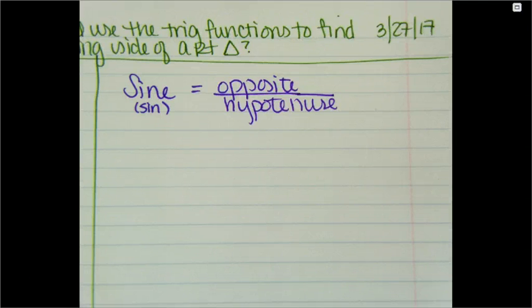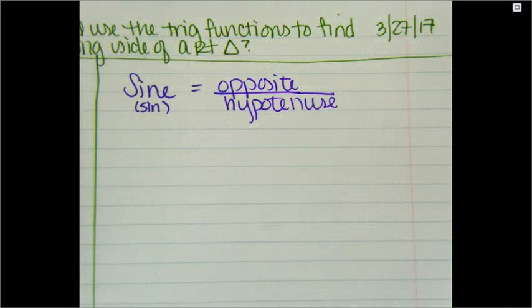The 90 degree. Okay, opposite means what? Across from it. So depending on what angle I'm using, I'm going to go opposite, and I'm going to use hypotenuse. Understood? Okay.